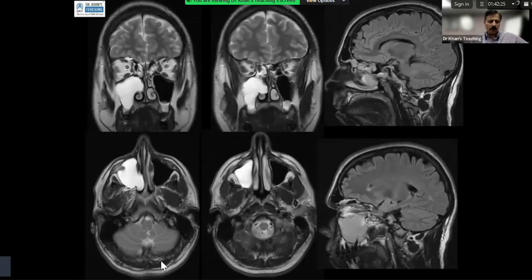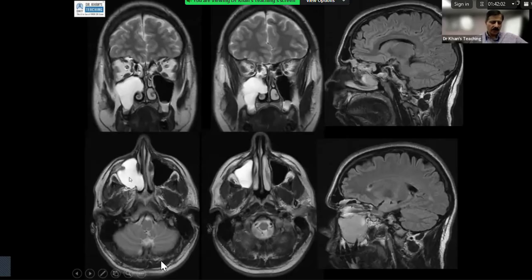So polyp, basically there is mucosal thickening, and because of hypertrophy, what happens is it will pass through the maxillary ostium, and it will sort of enlarge the maxillary ostium.